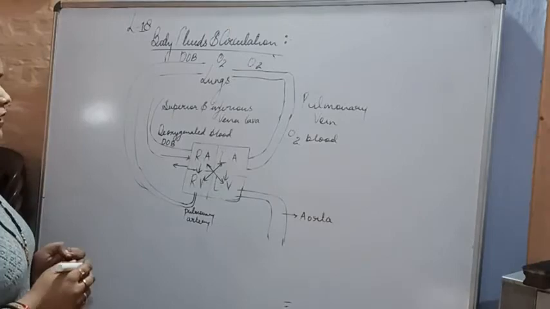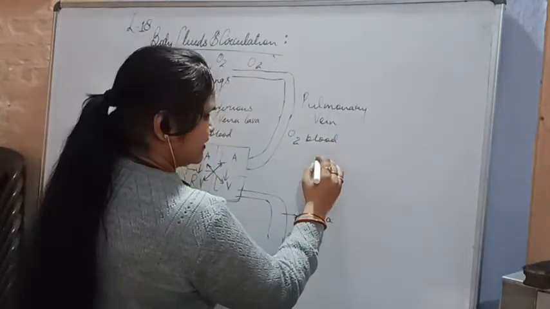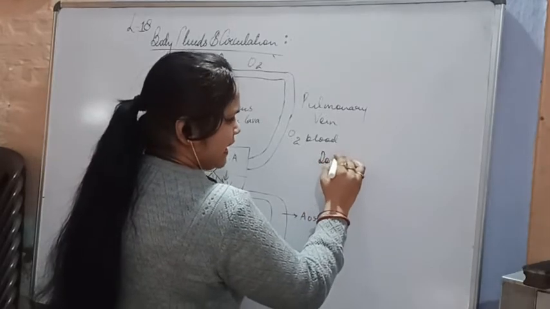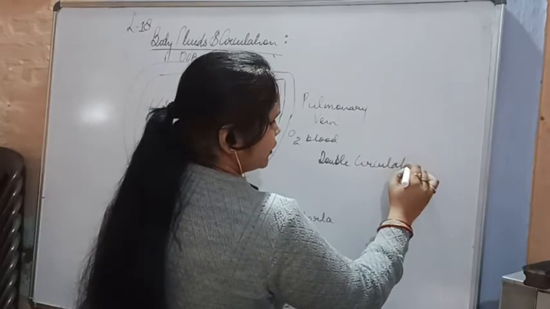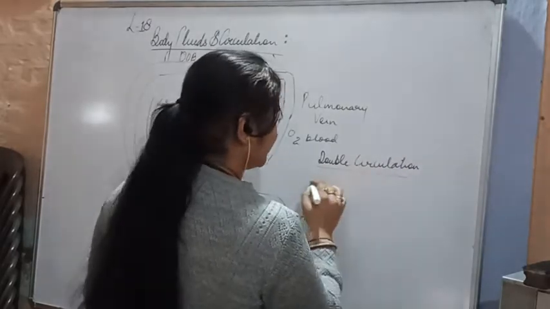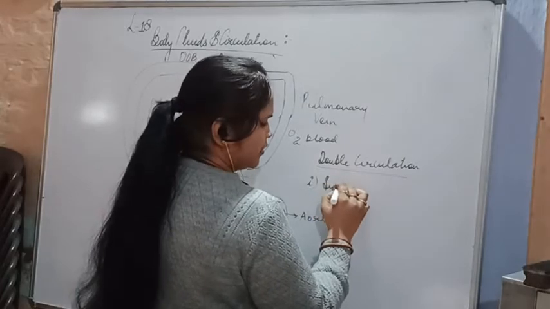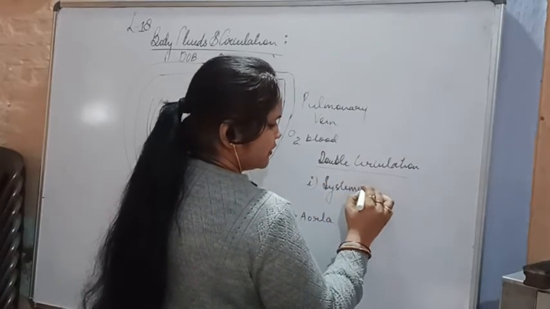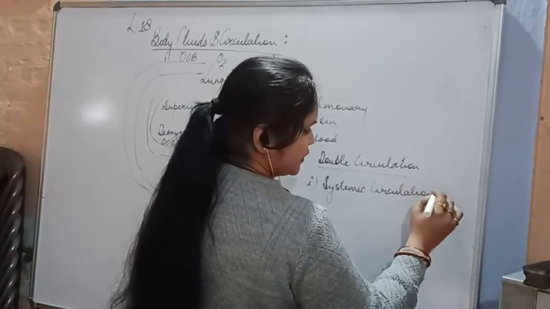Okay, so double circulation has got two portions. If we want to write, double circulation has got two points. First, you can have is systemic. We will talk about the systemic circulation. Now, what do you mean by systemic circulation?